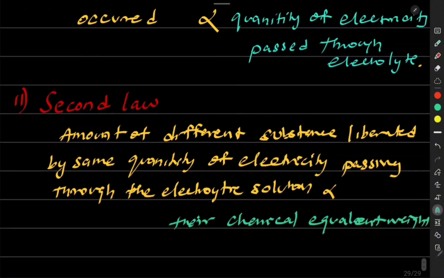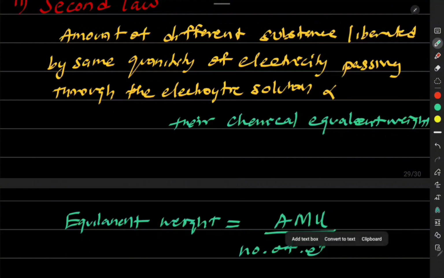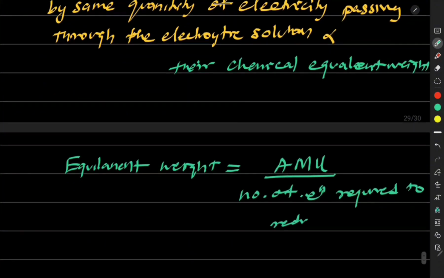Chemical equivalent weight means the atomic mass divided by the number of electrons required to reduce at the cathode.